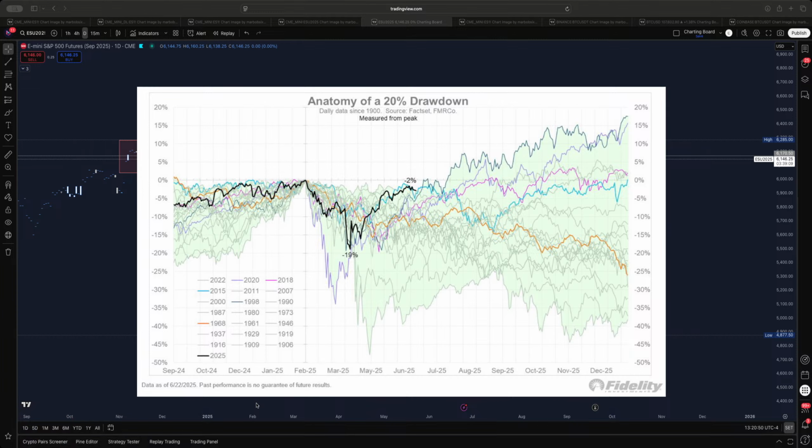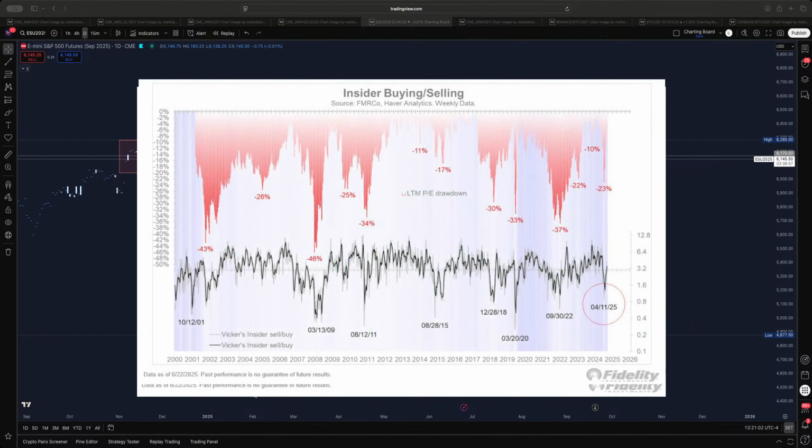We now know that not only retail traders were buying the dip with that mentality, but helping that push was also insider trading activity that indeed presented an opportunity at the lows.